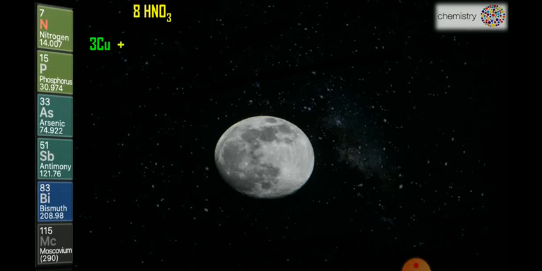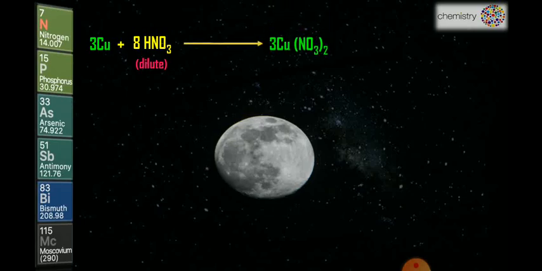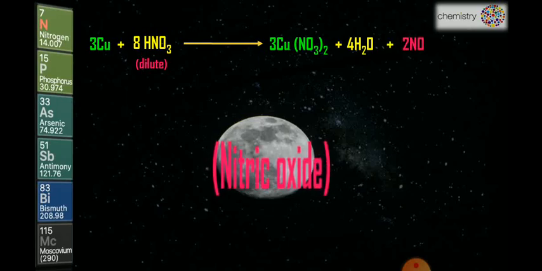When copper is treated with dilute nitric acid, okay, look here. So we are studying the reaction of copper metal with concentrated nitric acid as well as the reaction of copper metal with dilute nitric acid. Both we'll see. So when it is reacted with dilute nitric acid, copper undergoes oxidation into copper nitrate. 3Cu plus 8HNO3 gives 3Cu(NO3)2, copper nitrate, along with the formation of water as a byproduct, and one more byproduct is 2NO, nitric oxide.